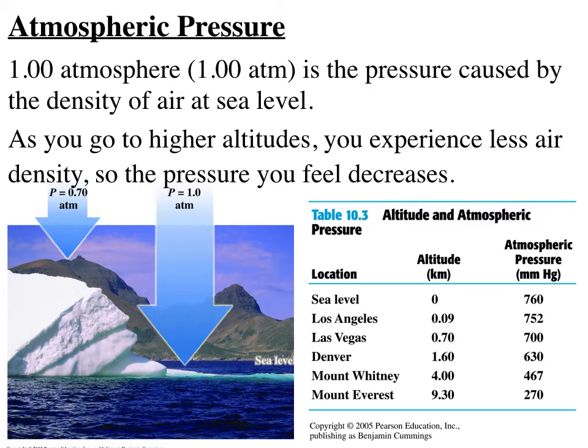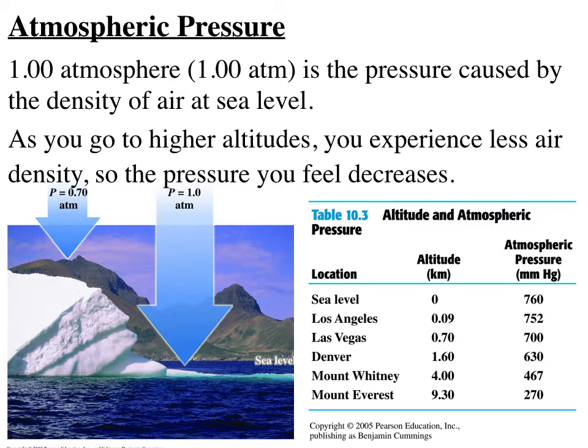By the time you get to Denver, which you see there is an altitude of 1.6 kilometers, and that is, as advertised by their announcements, the mile-high city. 1.6 kilometers is a mile high. The air pressure in Denver is down to 630 from here in New Orleans being 760 millimeters of mercury.